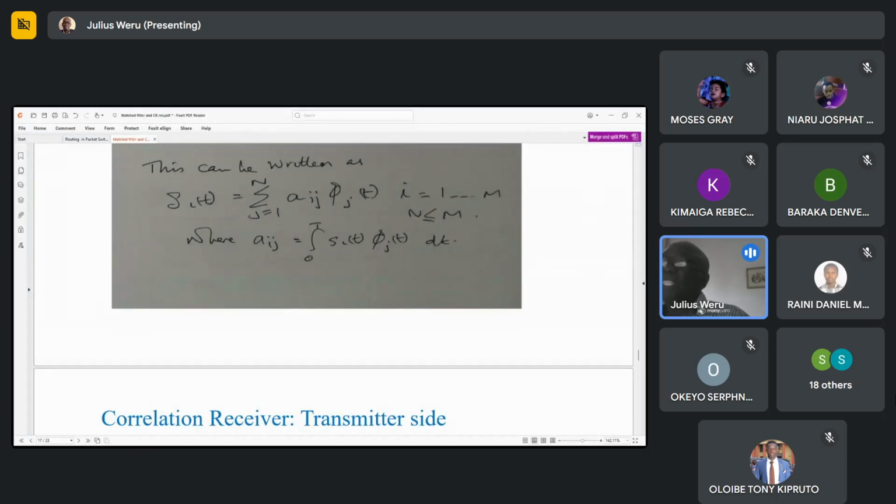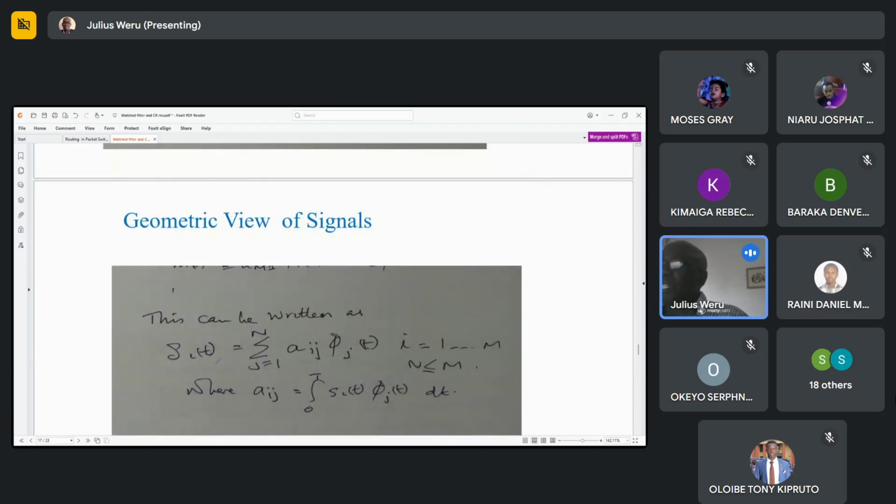And of course, this can be written as s_i of t is the summation of j is equal to 1 to N. We're simply writing the same thing here.